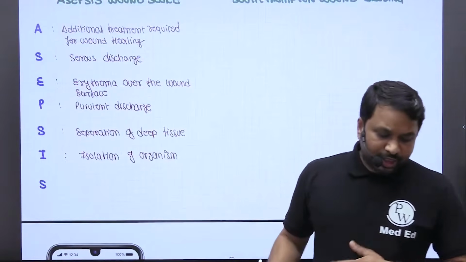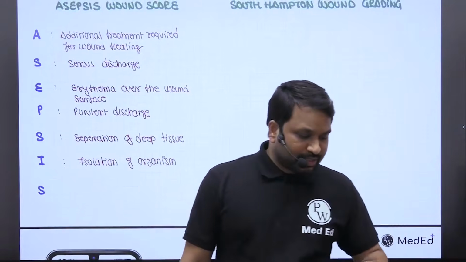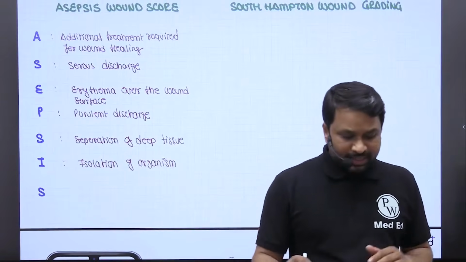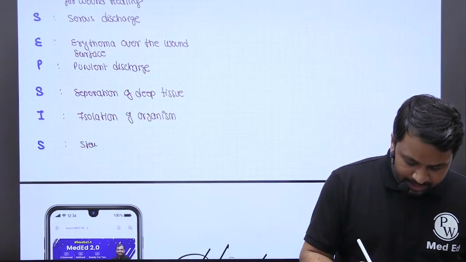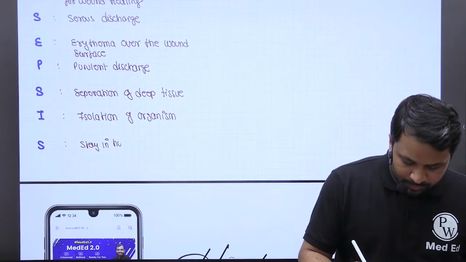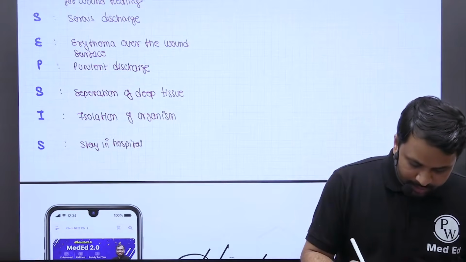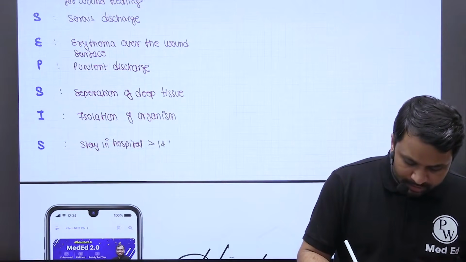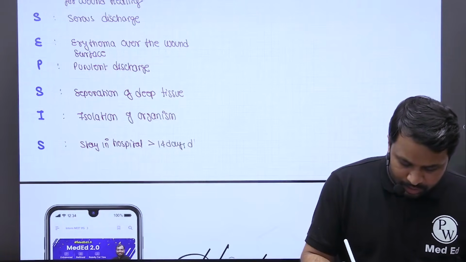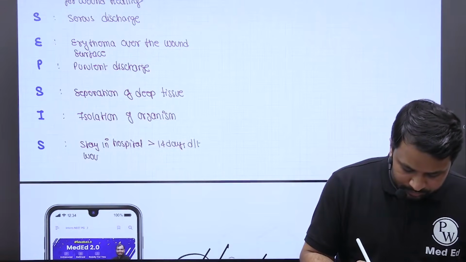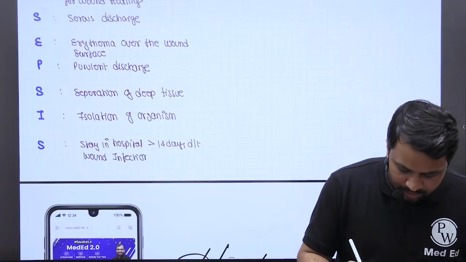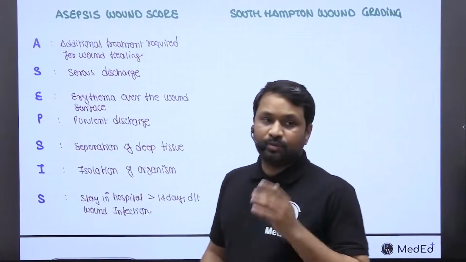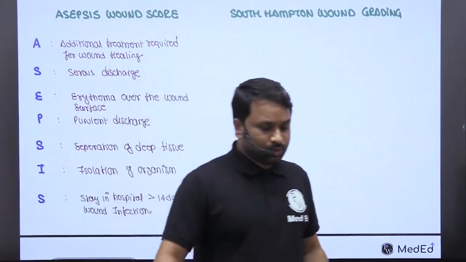So you have additional treatment required for wound healing, serous discharge, erythema over the wound surface, purulent discharge, separation of deep tissue, isolation of organism, and the stay in hospital. If the stay in hospital is for more than 14 days due to wound infection, then it will be positive for the ASEPSIS wound score.